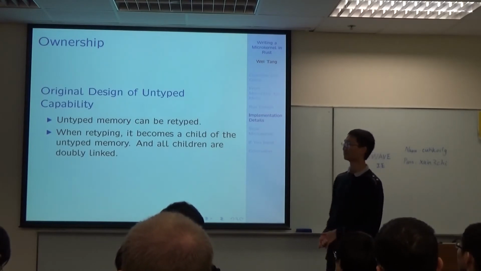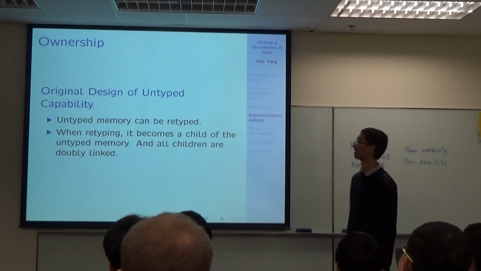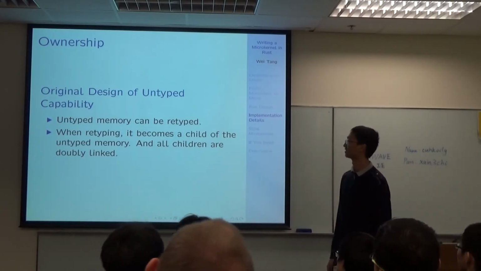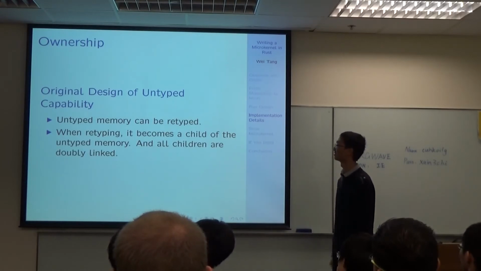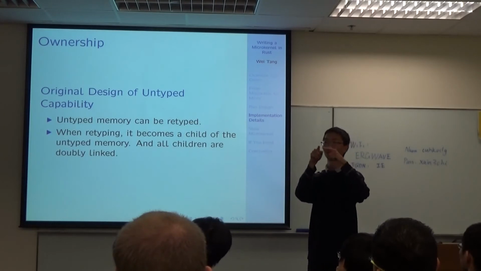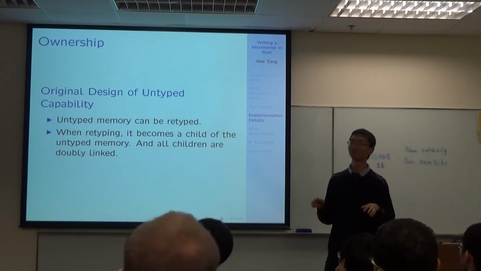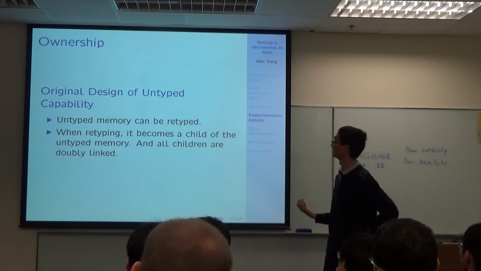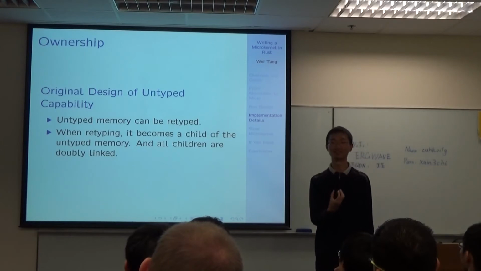So this kind of ownership actually influences some of the design of the kernel, because the original design of this untyped capability is to just retype the memory and then create a hierarchy. But in that case, it would be really complicated to deal with ownership, because now you can access each capability in two ways.